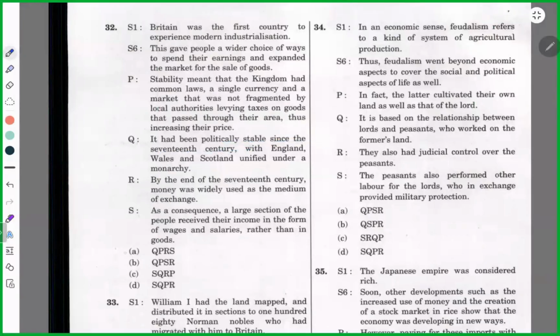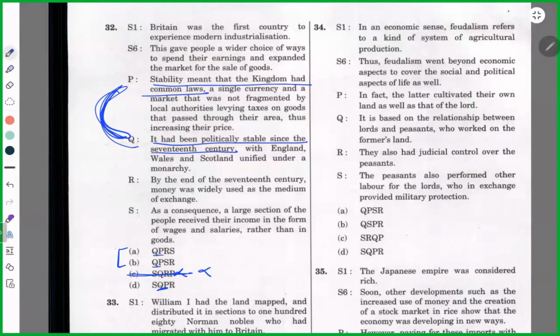Okay, Q would be the possible option. Let's say QP is the pair. It had been politically stable since the 17th century. Stability meant that the kingdom had common laws. Okay, QP is a connection. Anywhere else? Yes, QP is here and here. QP is not here, so eliminated. Next.